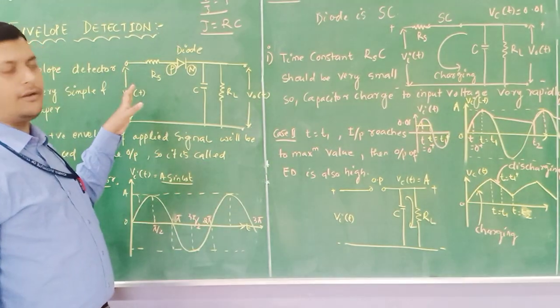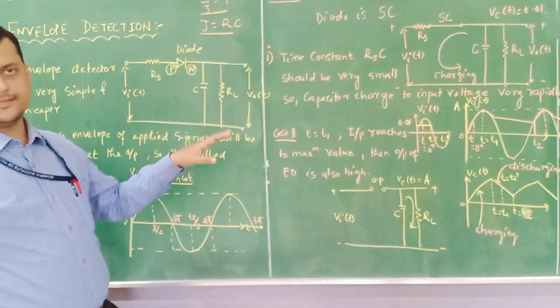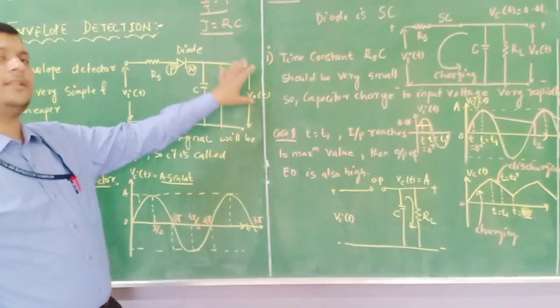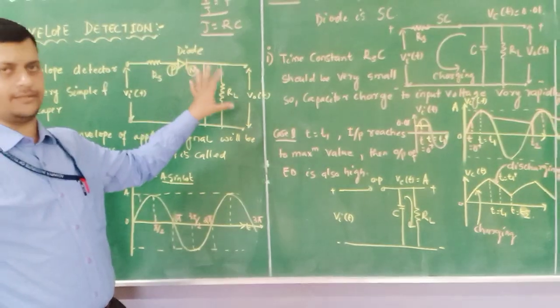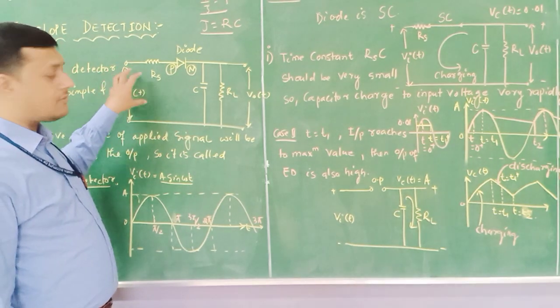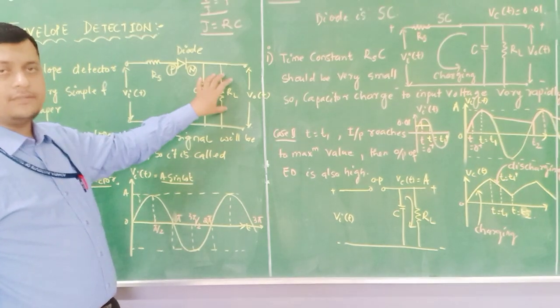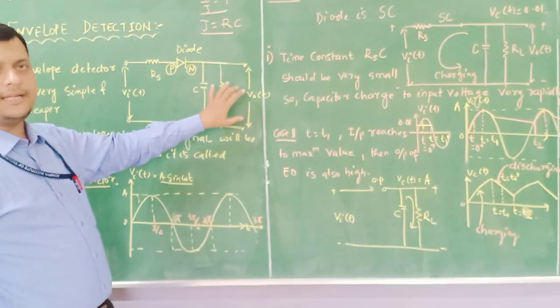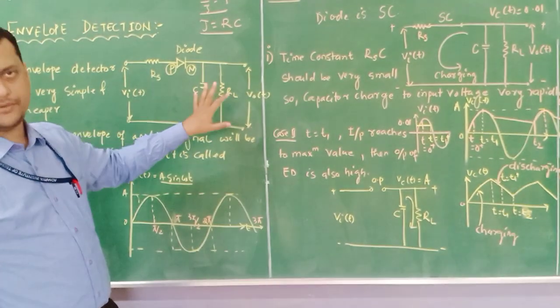So first I am going to use the sine signal. If I provide the sinusoid signal to this circuit, then what will be the output? Let us discuss that first. Then we will see what is the output for the cosine signal at the output of this detector. Whatever output is available at the detector will be the DC component. Why?